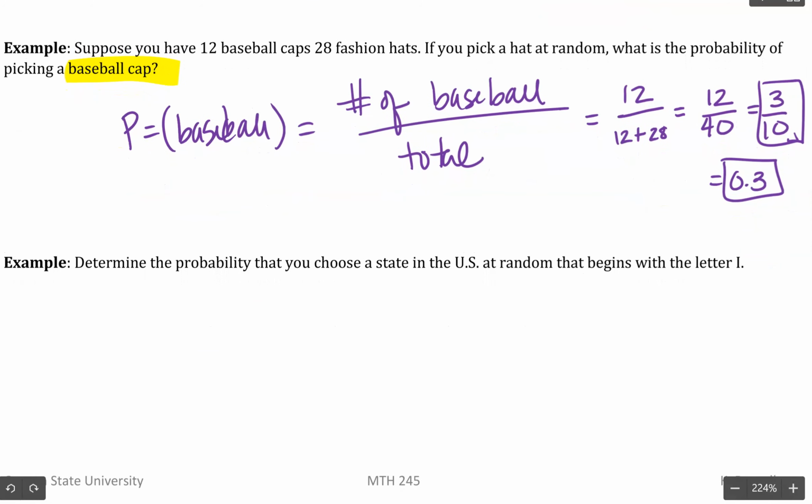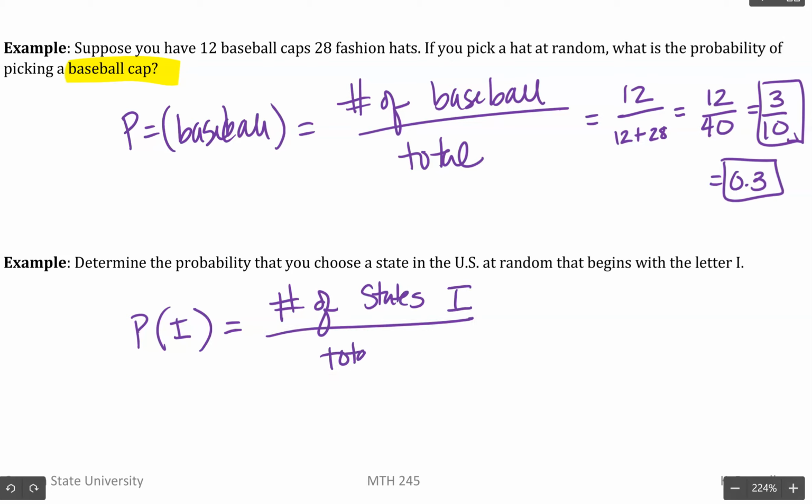Determine the probability that you choose a state in the US at random that begins with the letter I. So we want the probability that a state starts with I. So we want the number of states that begin with the letter I divided by the total number of states.